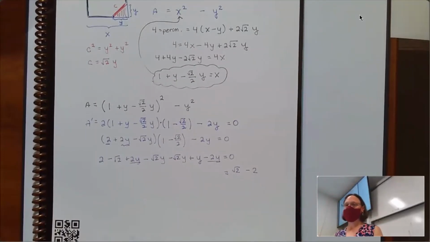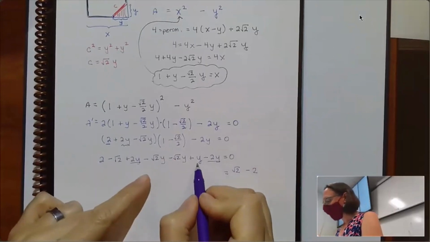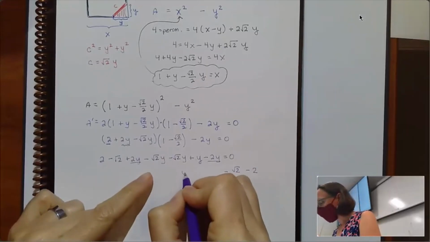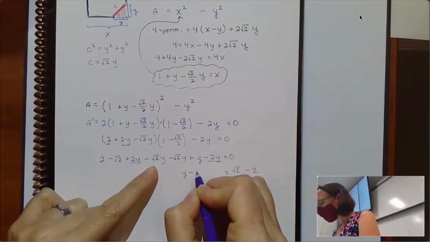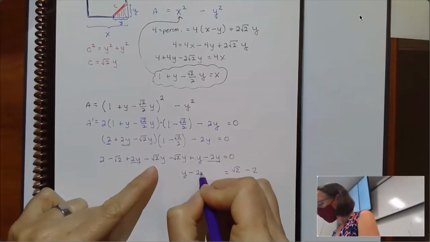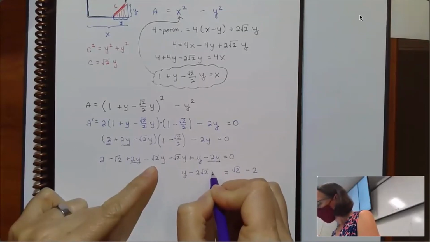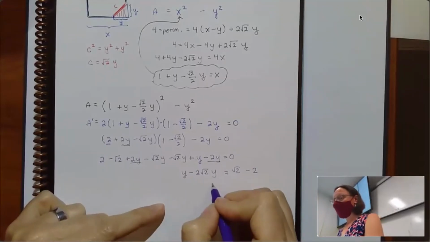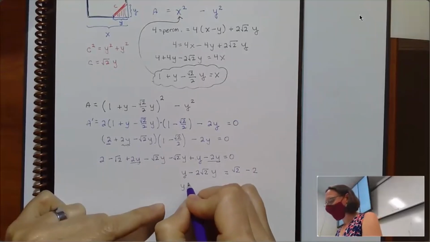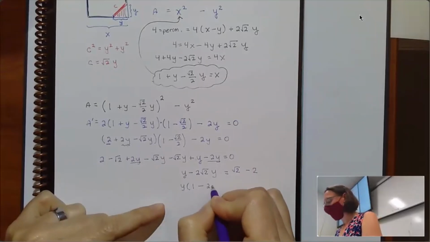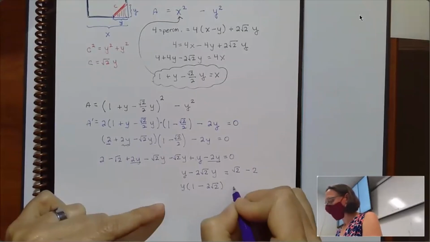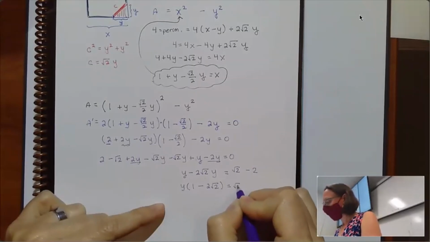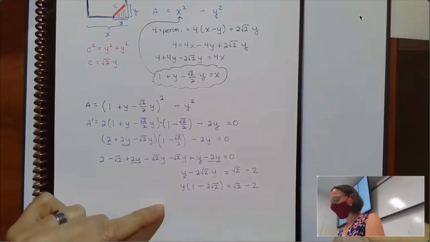Sweet, those are going away. Got this positive y, and then 2 square root 2y. I can factor a y out over here and have 1 minus 2 root 2. And over here, I've got root 2 minus 2.